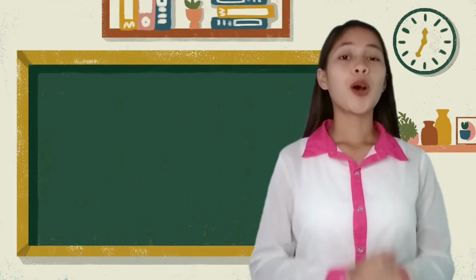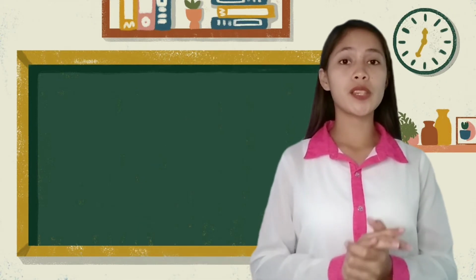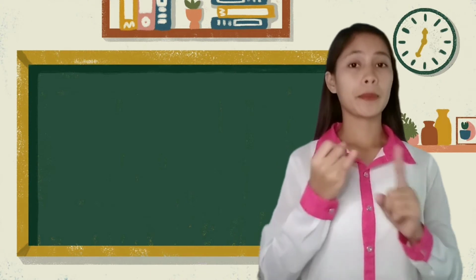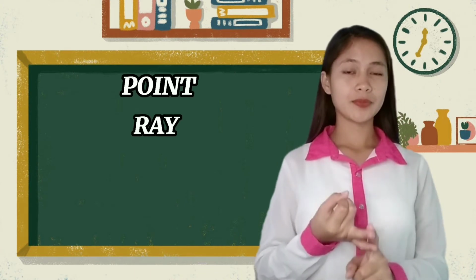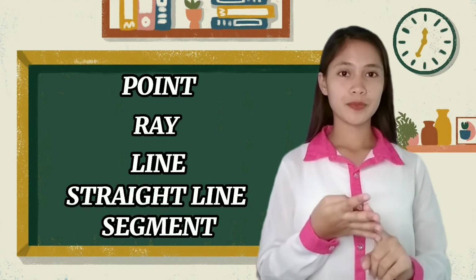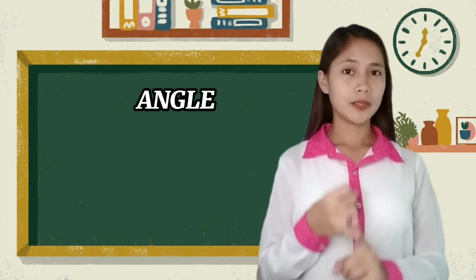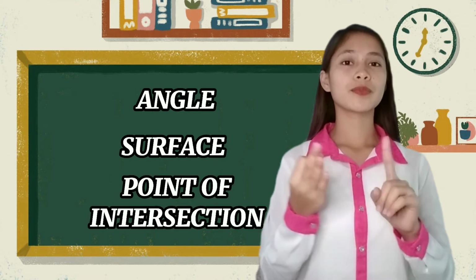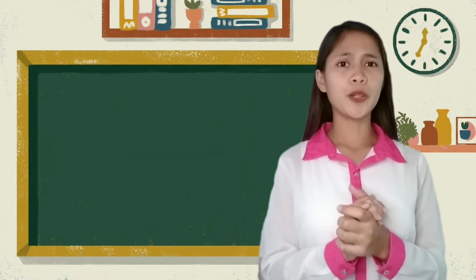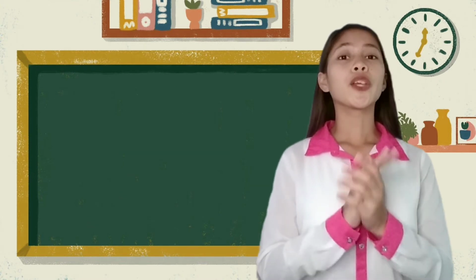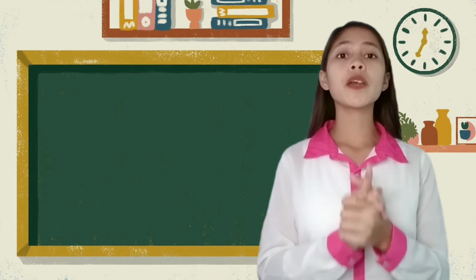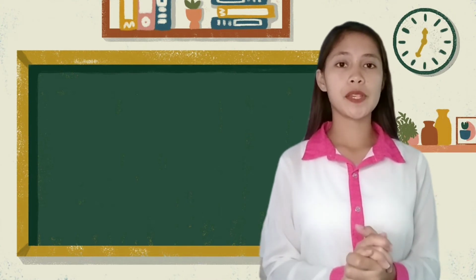Time's up. Okay, Group 1, what are the words that you came up with? What about your Group 2? What are the words? Very good. Your answers are the 7 basic geometric concepts.